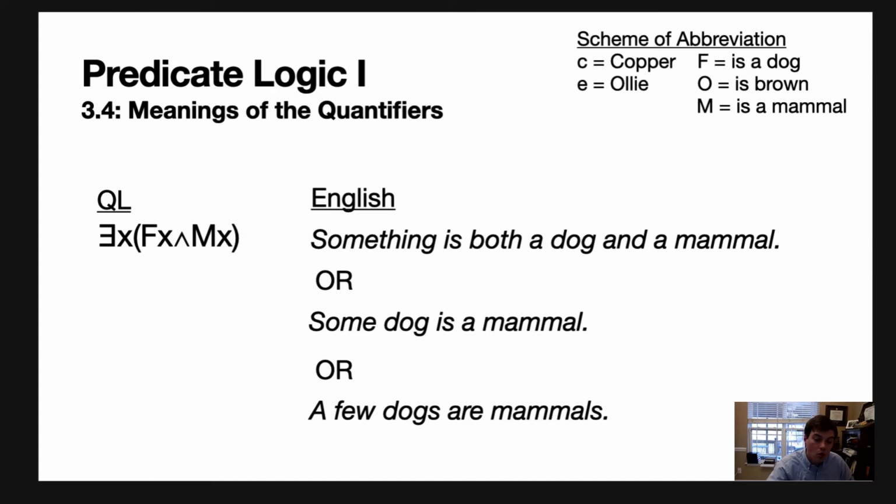Here, the quantifier does not distinguish between some, many, a few, a handful. As long as you have at least one thing that is both a dog and a mammal, it may be half of the things, it may be two, it may be very many, or very few. As long as it's some of them, and one will do the trick, that is what that sentence on the left-hand side is asserting. Some dog is a mammal.